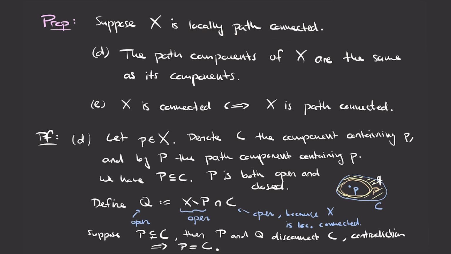Why is this? Well, suppose that X is connected. This means essentially just that X has a single component. And if X is path-connected, this means that X has a single path component.